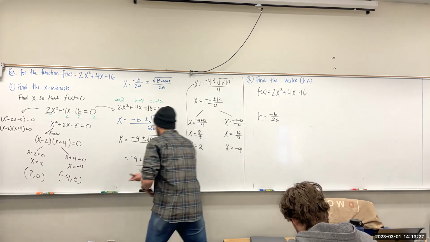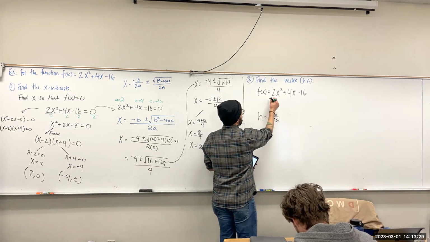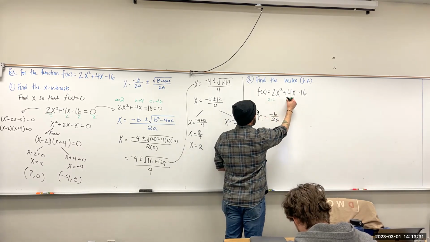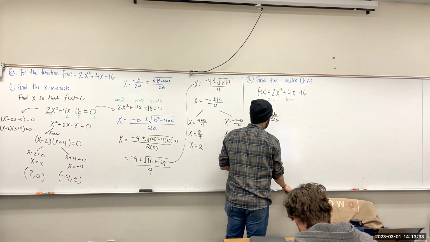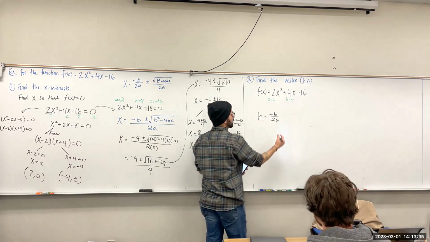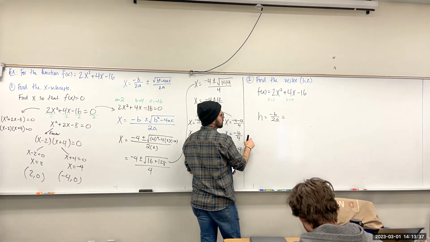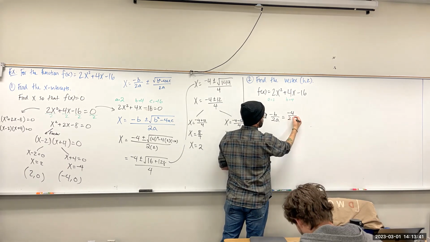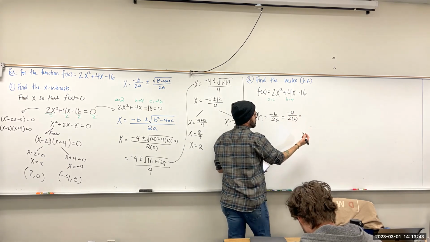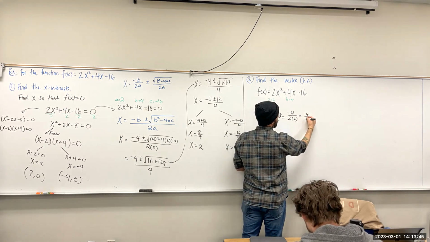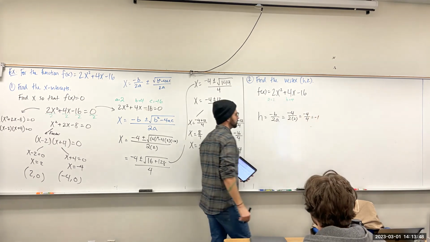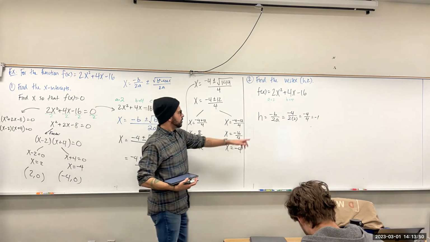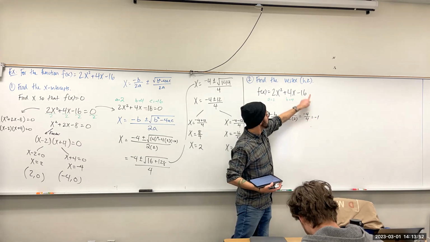We need to identify that a here is 2 and b here is +4 to figure out this h value. So it's -4 over 2 times 2, which is -4 over 4, which is -1. That tells you h is -1.